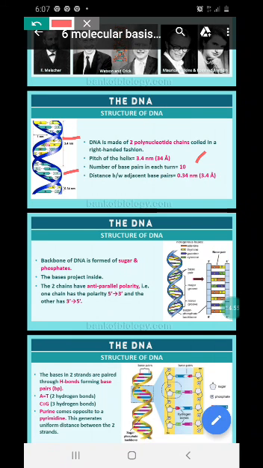The distance of the pitch is nearly 3.4 nanometer. And the distance between two adjacent base pairs is 0.34 nanometer. And the entire length of DNA is supposed to be 34 nanometer. Okay, clear?